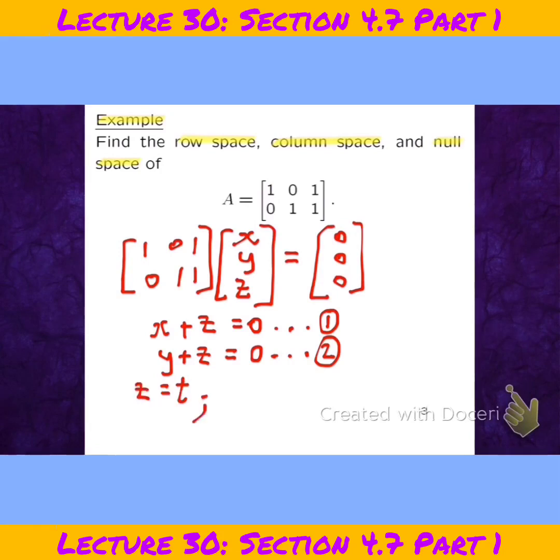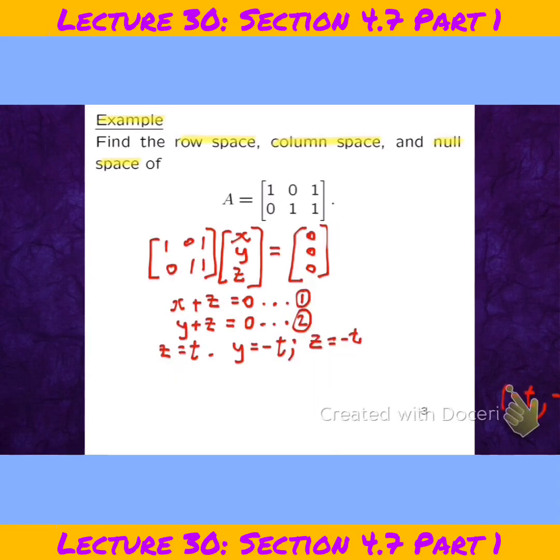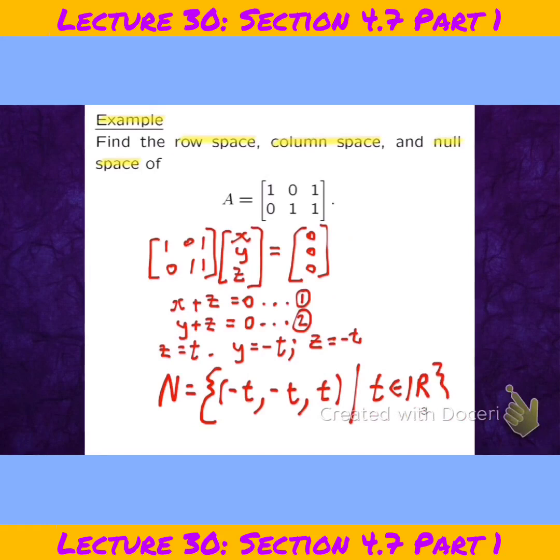Using parameterization, we can set z as a fixed real number t. Then we can solve for y and x in terms of t. And so the null space is all vectors of that form. We'll call it N, the set of the solution space. So it's all vectors of that form where t is a real number. Alright, so that is the null space.